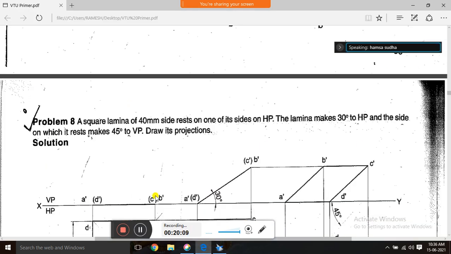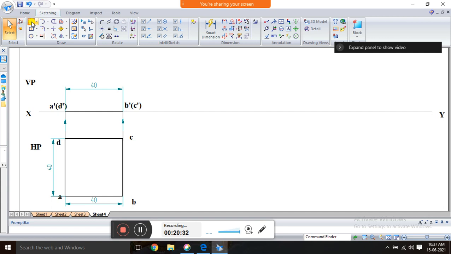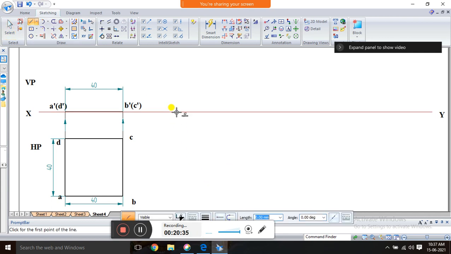Second position, inclined 30 degrees to HP and 45 degrees to VP. The line is there now, and it is 30 degrees inclined. You have to construct this line at 30 degrees. Measure this line distance, it should be 40, so here also the same 40. Take a line, place it, take a protractor and mark 30 degrees, then draw a line at 30 degrees and with the help of the scale mark 40.